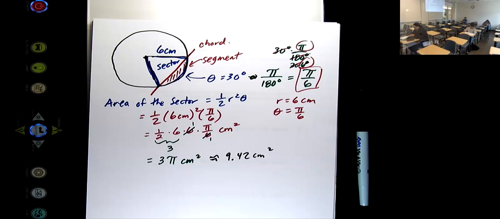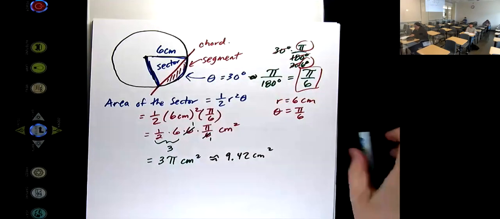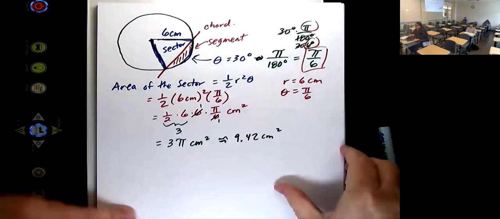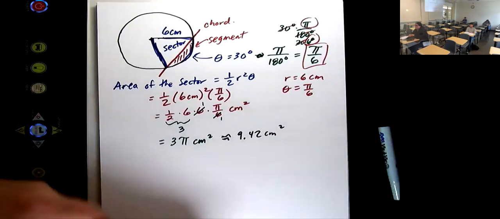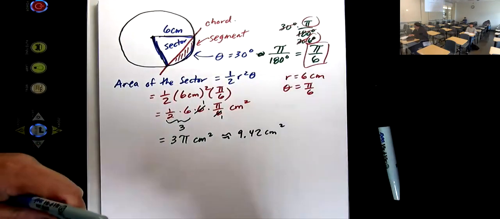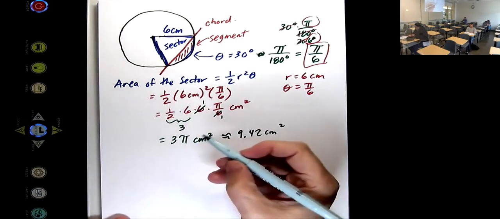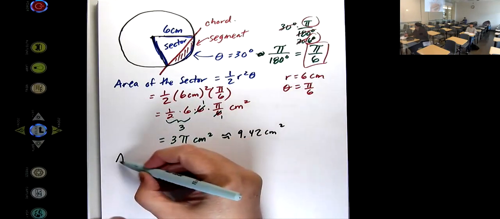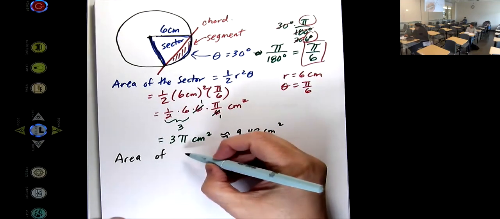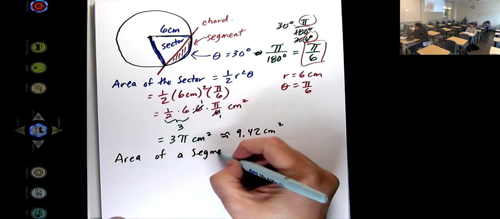All right. So that was finding the area of the sector. The way you can find the area of the segment, if you really need this segment right here, and sometimes you do, like in industry, where you kind of want to shave off that segment.